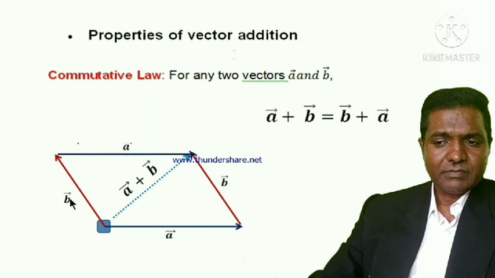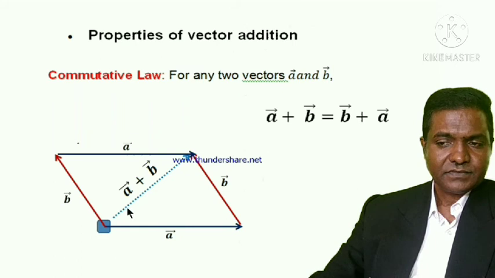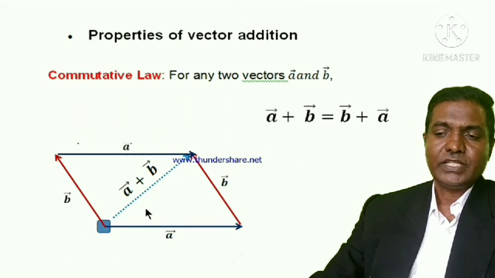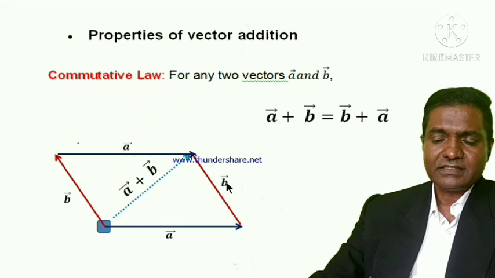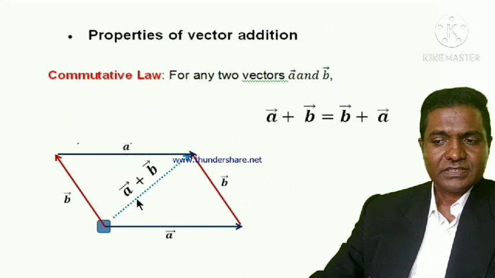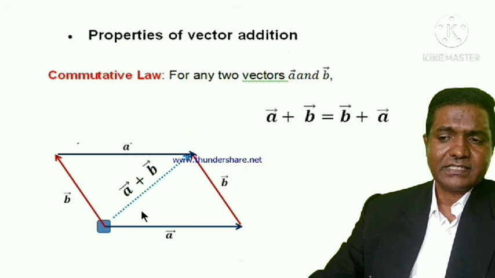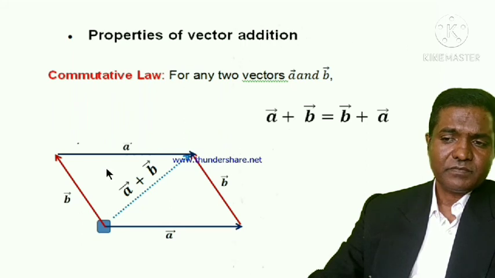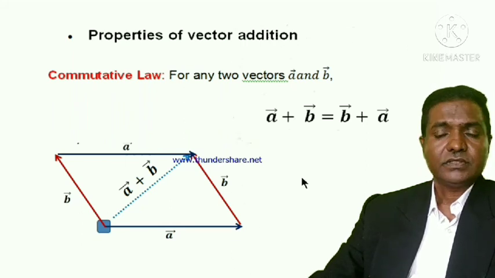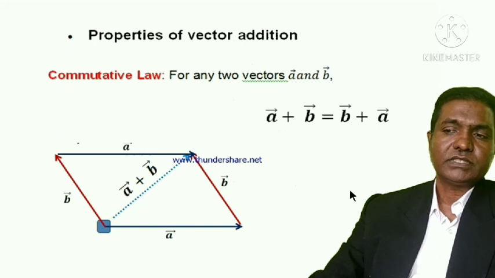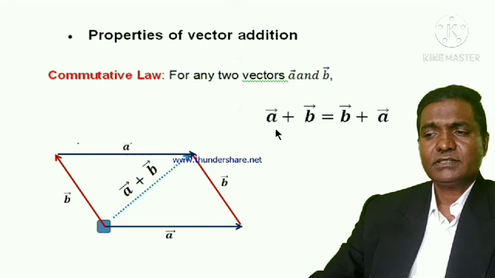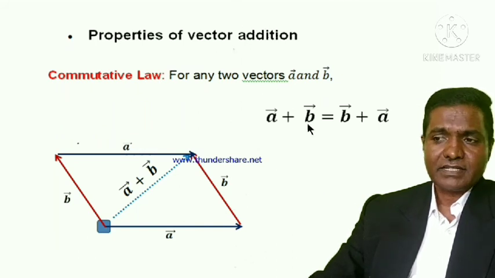The sum of these two vectors, vector B plus vector A, gives you this vector, again the same diagonal. So A plus B is equal to this diagonal, and this diagonal is also equal to the sum of these two. So vector addition follows the commutative law, that is, vector A plus B is equal to B plus A.